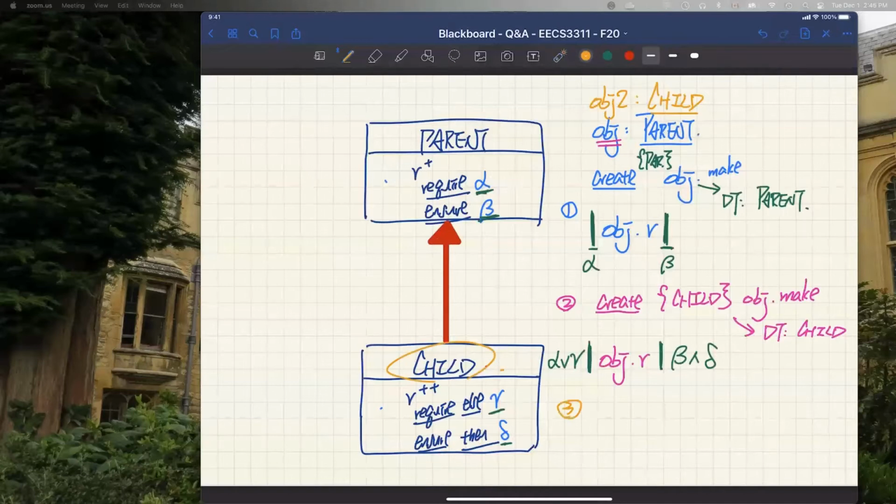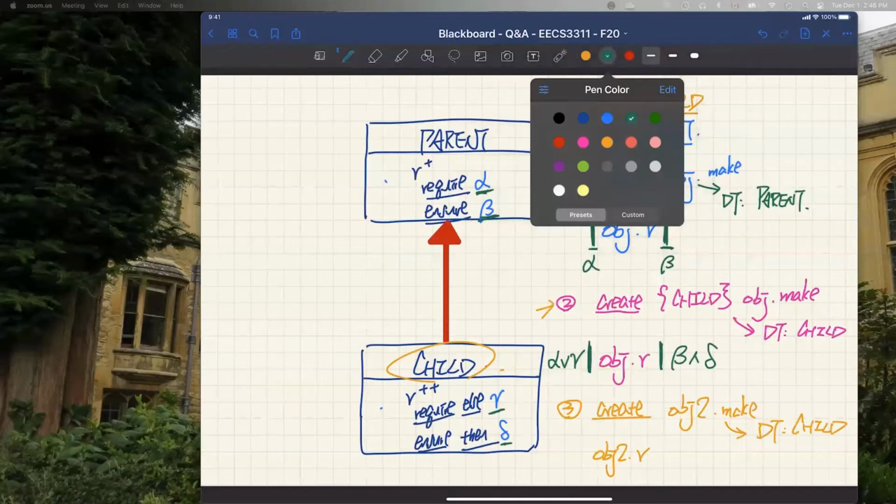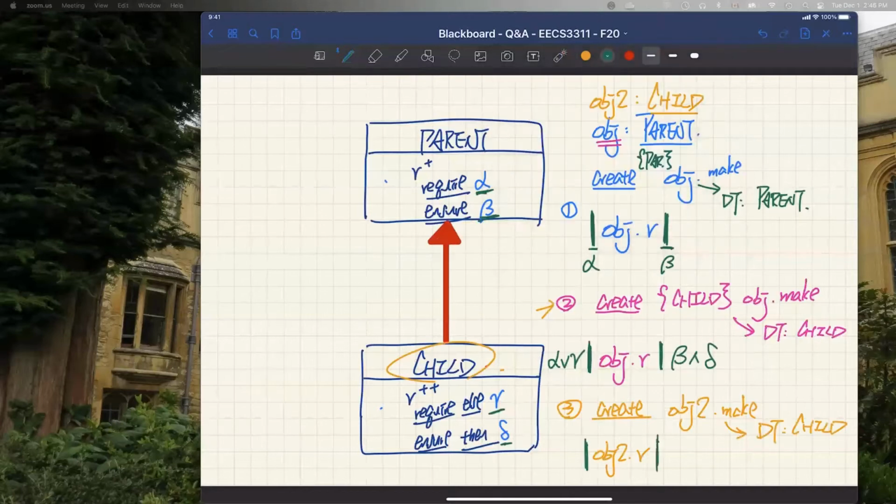Now let's see number 3. For number 3, we're just going to say creates obj2.make. So the dynamic type is going to be just the child. It will be very similar to case number 2 then. Now if I say obj2.r, and then precondition and postcondition, the precondition is going to depend on the dynamic type, which is the child.